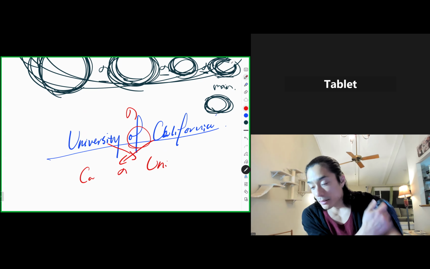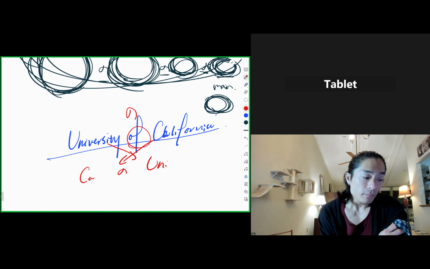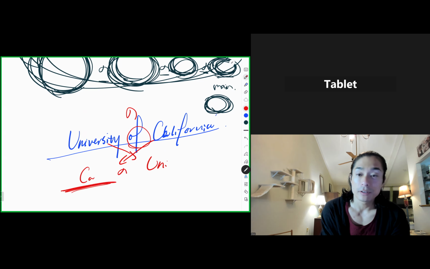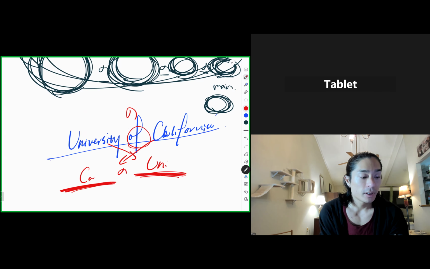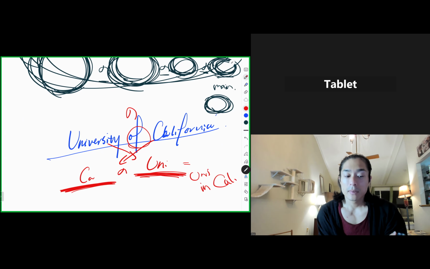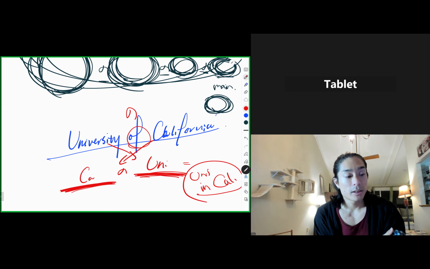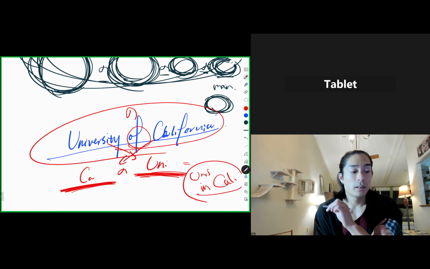That is correct, but not correct at the same time. Why? Because when you say California no 大学, this means university in California, meaning any university in California. It's not talking about this specific university.